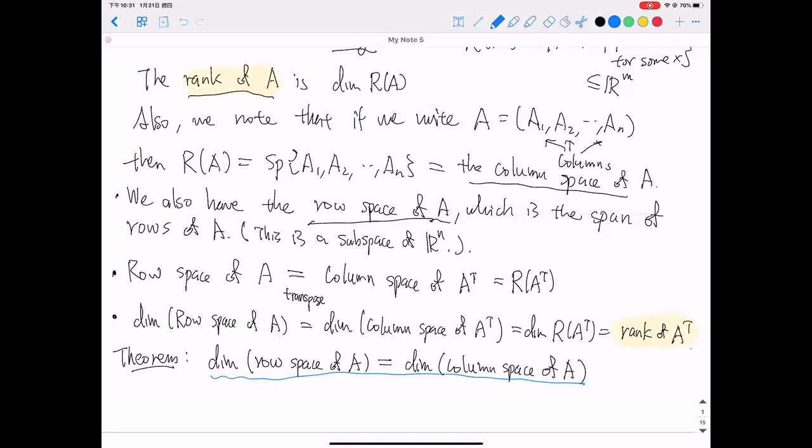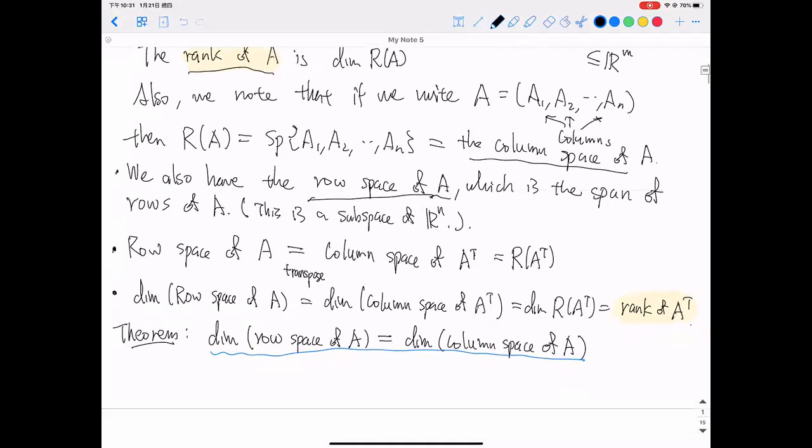Now in different terminologies, we've called the dimension of the column space the rank of A, and we just saw that the dimension of the row space of A is the rank of A transpose. So in other words, rank of A is equal to rank of A transpose.